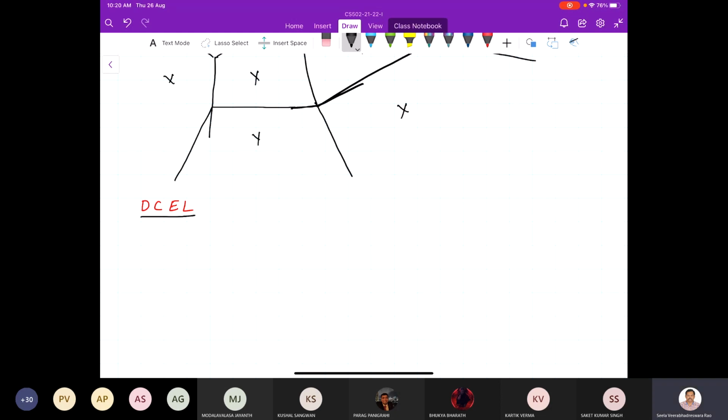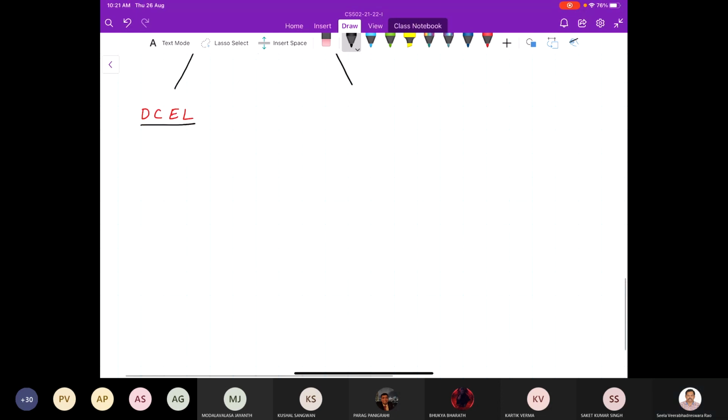We'll discuss this data structure with a very simple example so that it becomes easier to understand. So let's take a very simple example with just four vertices, V1, V2, V3, and V4.